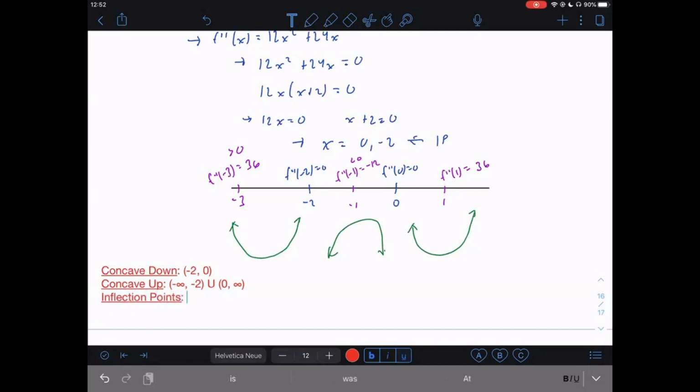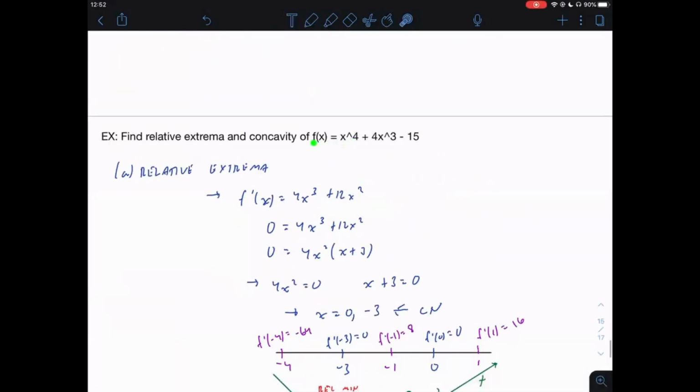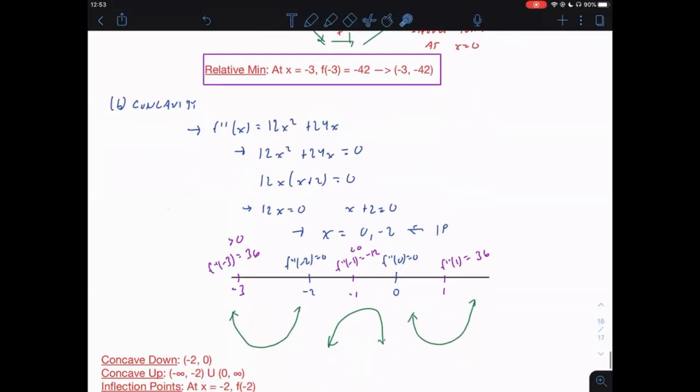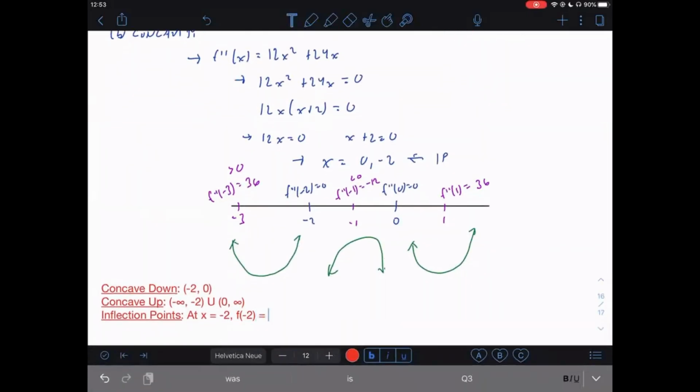One at x equals -2, and to find the coordinates of that inflection point, we plug -2 into our original function that we have above here. So -2 to the 4th plus 4 times -2 cubed minus 15, which should give us -31.